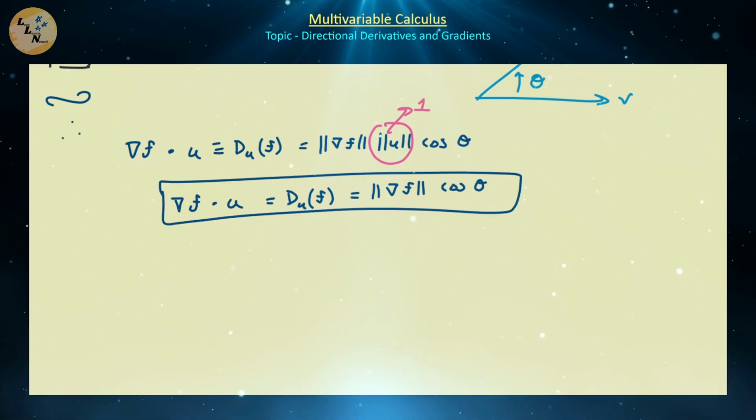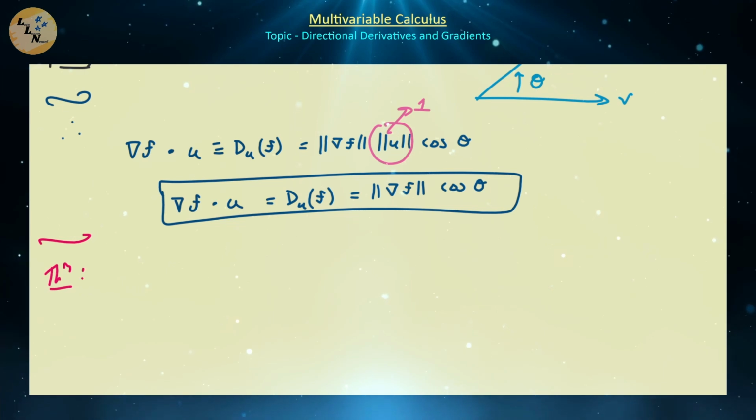Now, this next theorem is going to bring these things together because it gives probably one of the most important applications, at least direct applications, of the gradient. So, theorem.